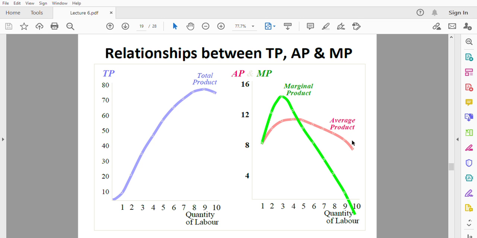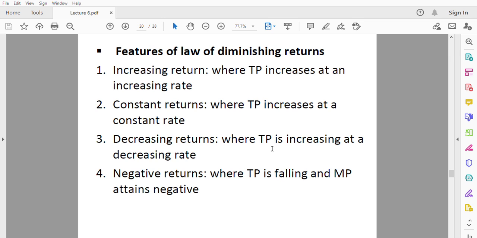One thing I would want you to note is that the marginal product intersects the average product curve at its maximum. So when the average product has attained its maximum, that is where the marginal product curve intersects the average product curve.